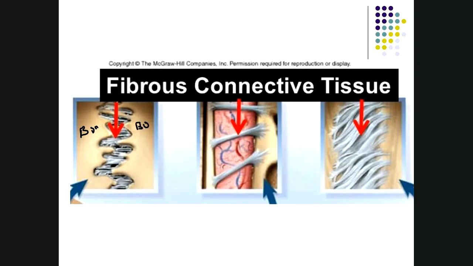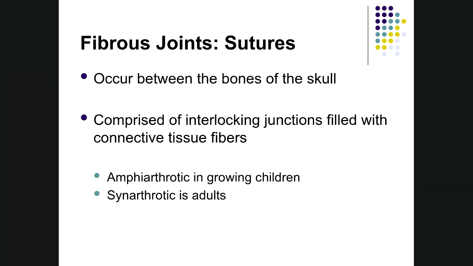And they have these interlocking things, like putting your fingers together. But if you look inside there, what you're going to see are little tiny fibers holding those bones in place. You remember the adult skull? The adult skull, those interlocking joints are very, very tight. And so in the adult, sutures are synarthrotic.